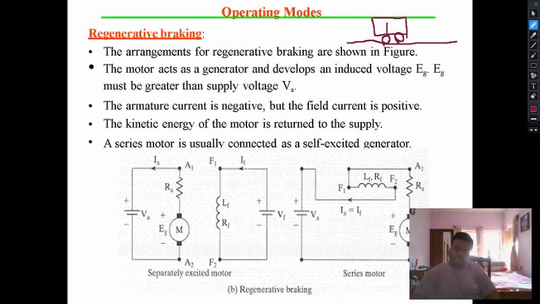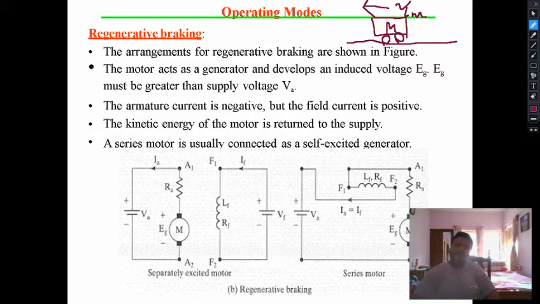If the mass is m, now the brakes are applied. Obviously when the brake is applied, the motor torque will be reversed.